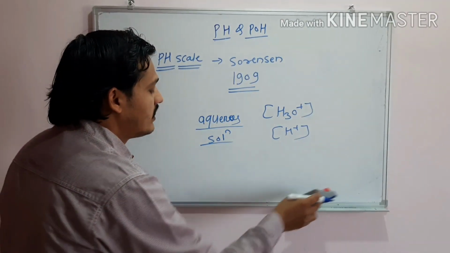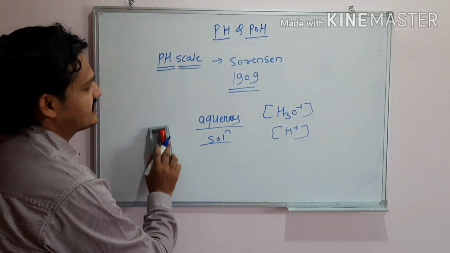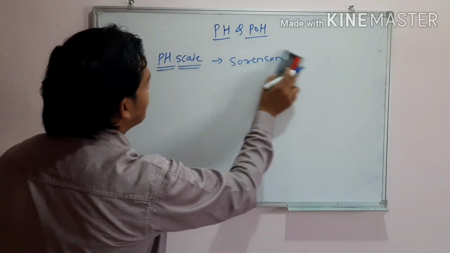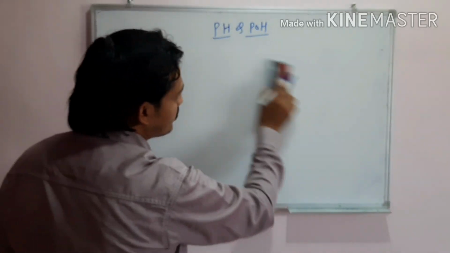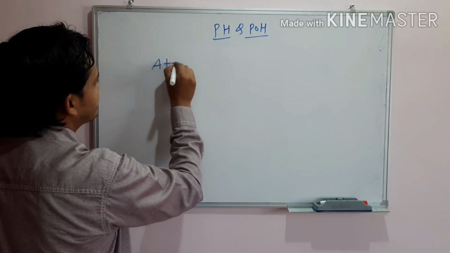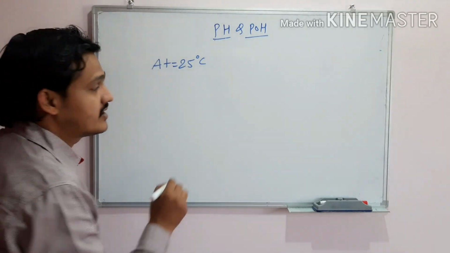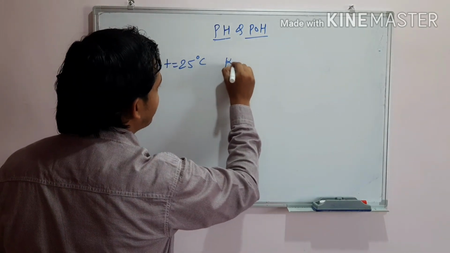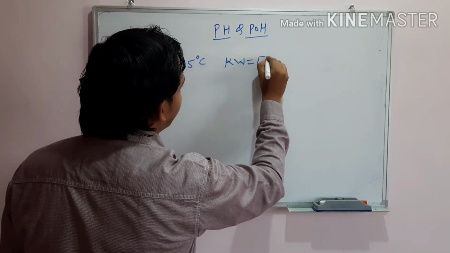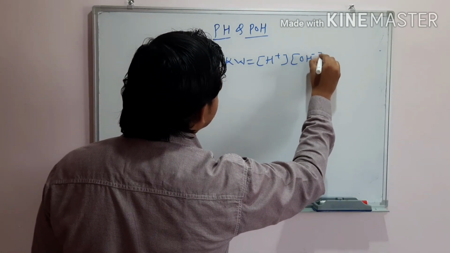Now let us look at a brief history regarding the pH scale. Let us consider 25 degrees Celsius. As I already told you, in the ionic product of water at 25 degrees Celsius, Kw is the product of the concentrations of H plus and OH minus ions.